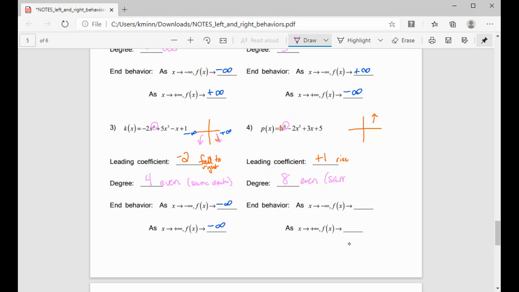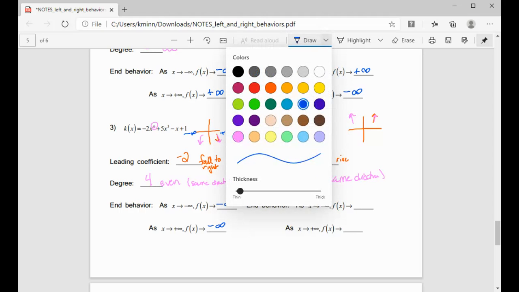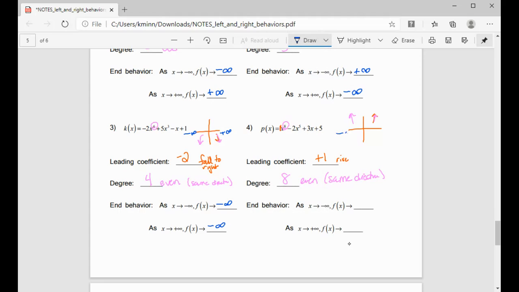So we're going in the same direction. If we went up on the right, we're going to go up on the left. And finally, as we go to negative infinity on the left, look where the pink line is going. It is going up to positive infinity. And as we go to positive infinity on the right, we can see that our function, our y value, is also going to positive infinity.